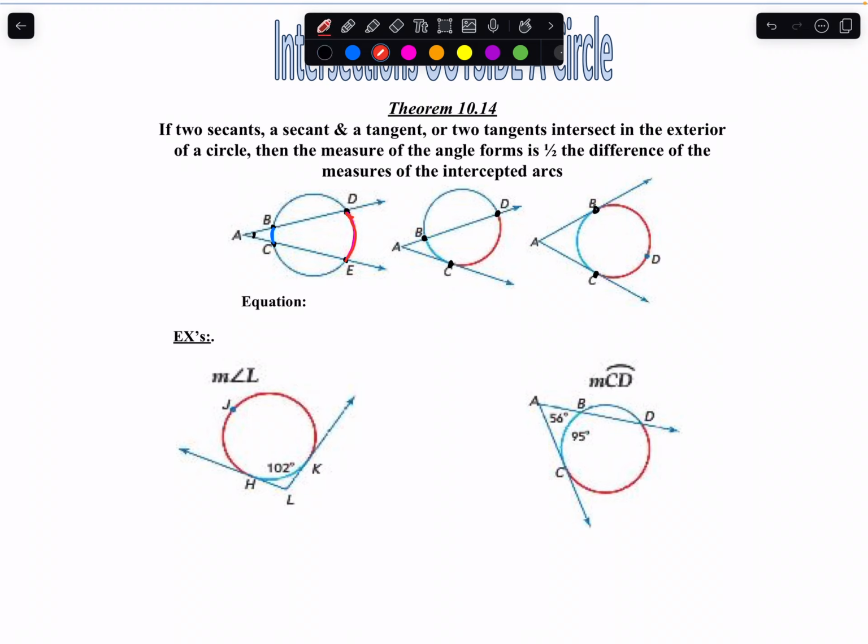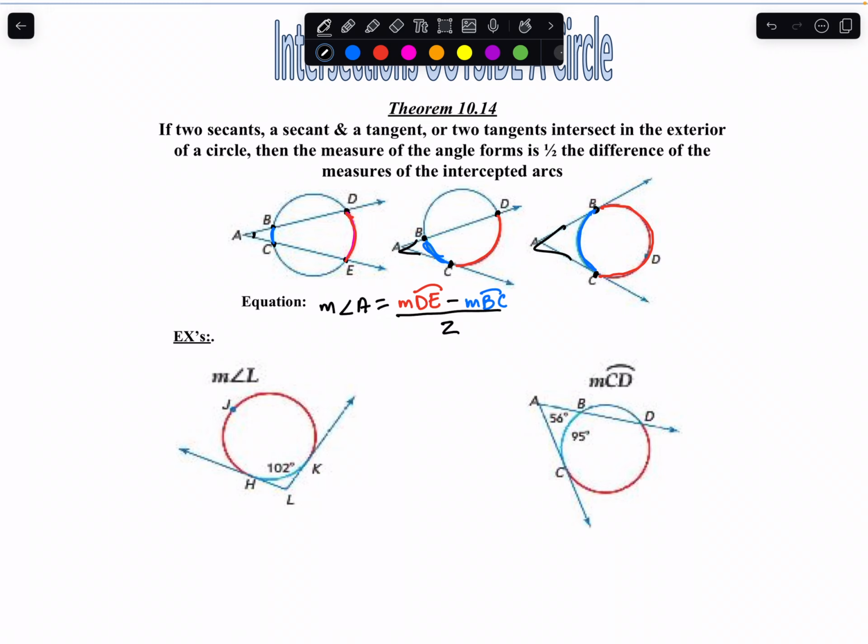So the measure of angle A will always equal the bigger arc, measure of DE, minus the smaller arc, measure of BC, and when we divide it by 2, we should get the angle on the outside. It doesn't really matter what type of scenario we have. This is going to be the bigger arc in front on the outside, minus the small arc. And then we get the angle on the outside, angle A.